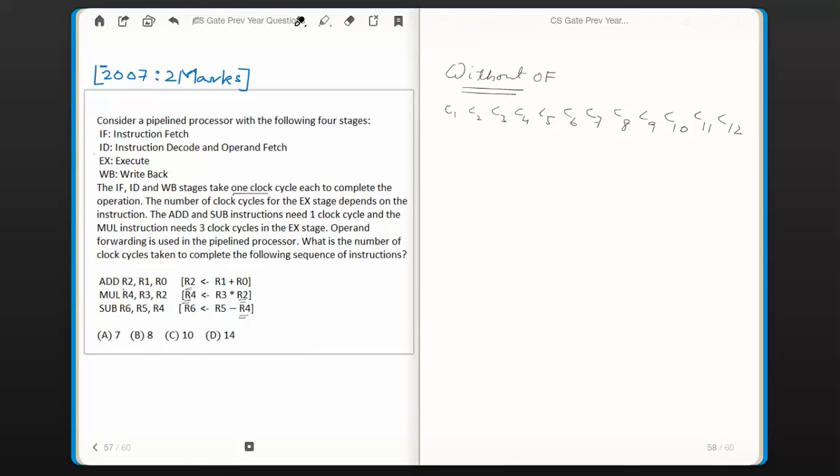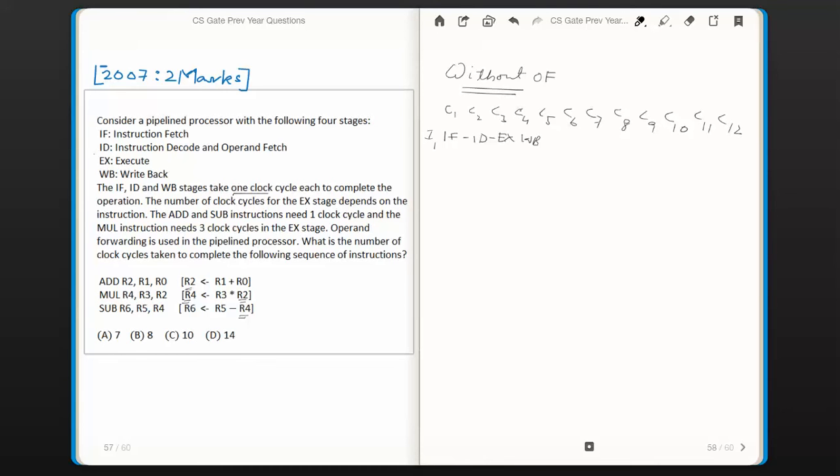So all the 4 stages of the first instruction can be scheduled in the first 4 clock cycles. So instruction fetch of instruction 1, followed by instruction decode and operand fetch, followed by the execute stage, followed by write back.